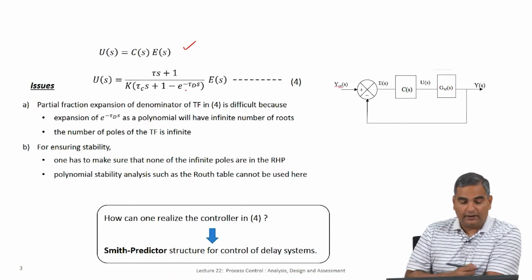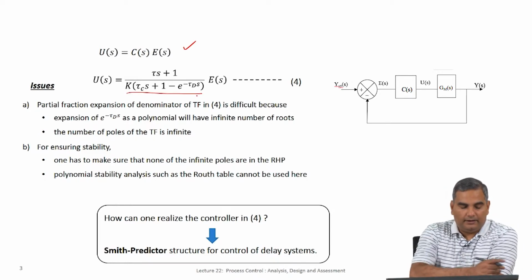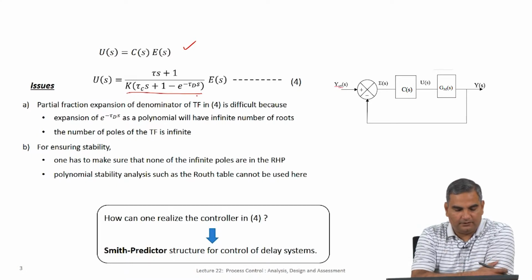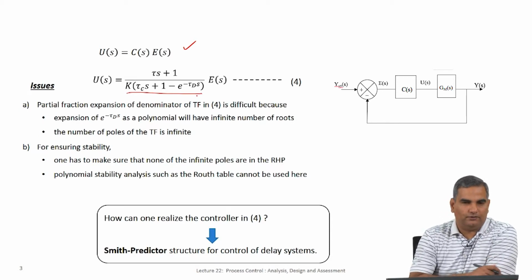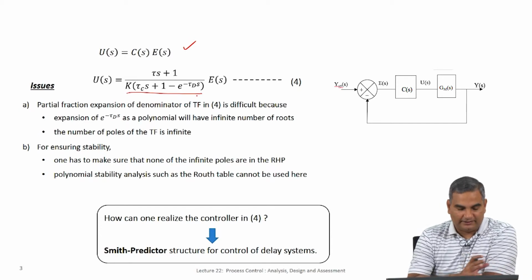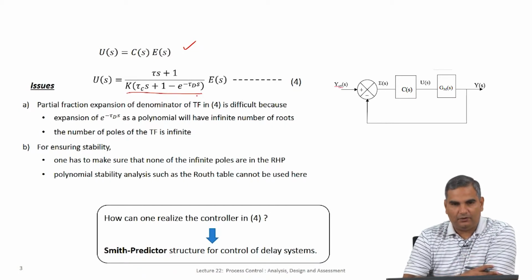However, now I have this in the denominator which is not a polynomial. The problem is the tool that I have taught you till now is partial fraction expansion, but this is not possible here because I have an e power minus tau ds, and I am going to talk about this from a slightly simple perspective. I am not going to go into all the exact mathematical details, but just to give you a feel for why the problem comes and how we can think about addressing this.